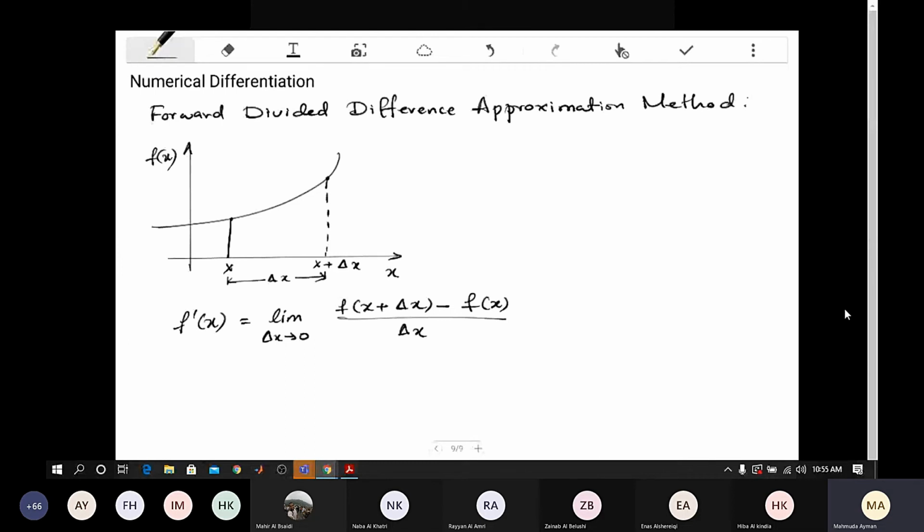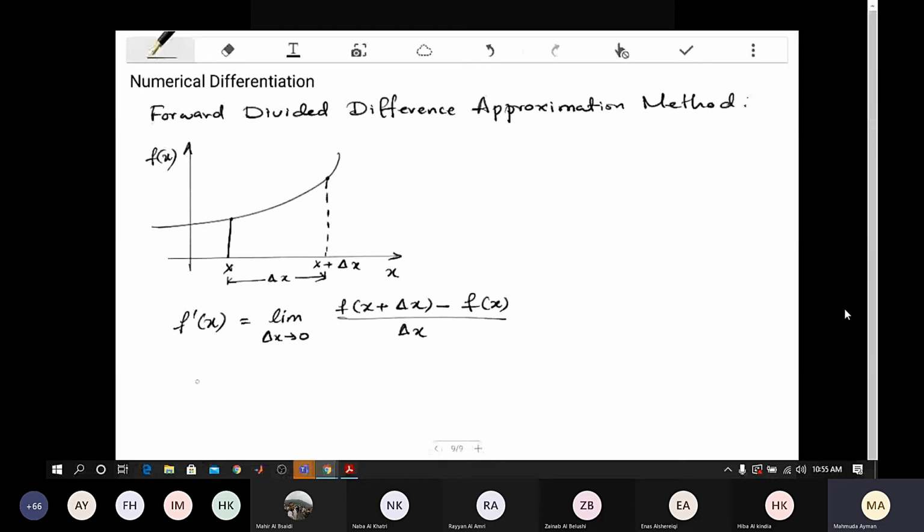But for forward divided difference, we are not going to use the limit of delta x approaching 0, because if you choose delta x approaching 0, you can always choose a smaller delta x. So we want delta x to be finite, and we consider the same definition of the derivative of a function, but without delta x approaching 0.